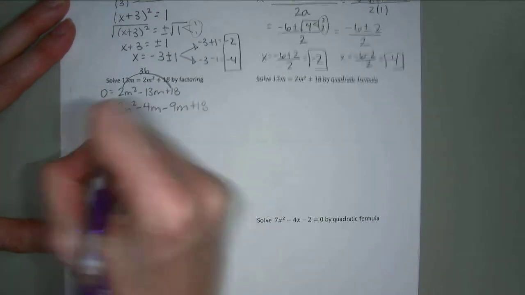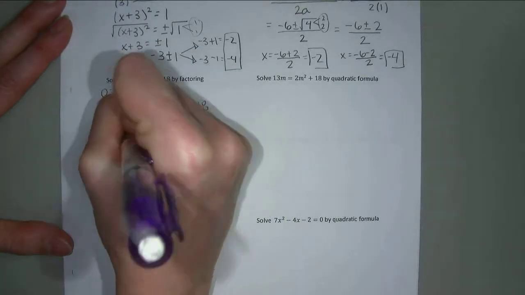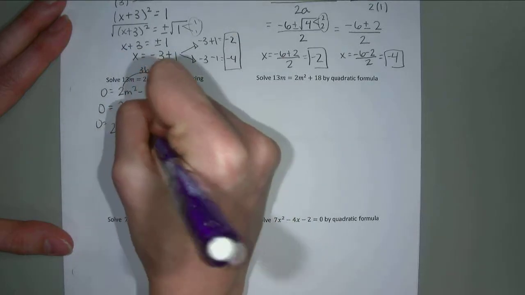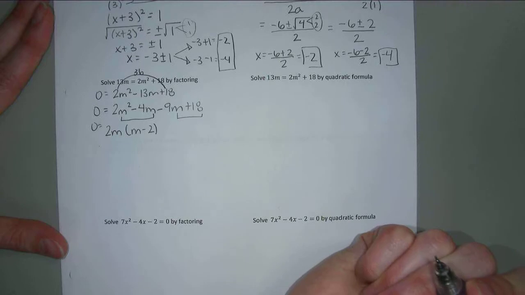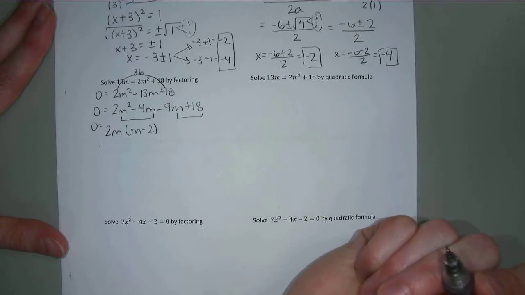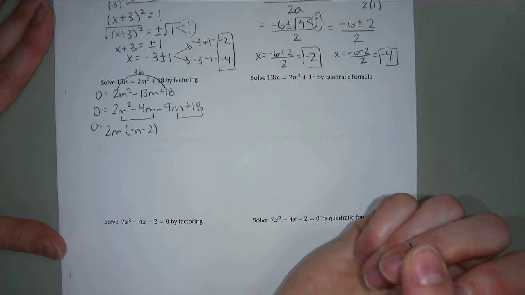So let's look at this. What can you take out of 2m squared and 4m? 2m. So you're left with m minus 2. What can you take out of negative 9m plus 18 so that m minus 2 remains? 9. And not just a 9, but a negative 9.